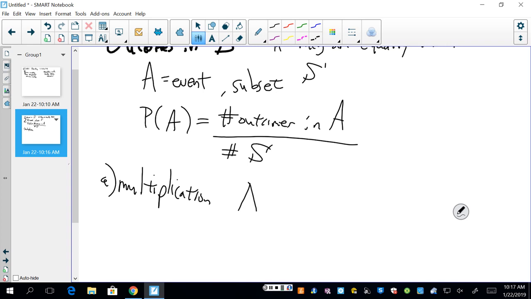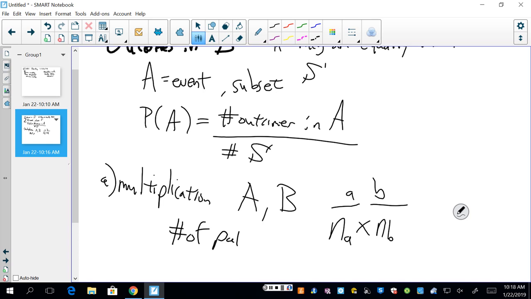We have A and B, and we're keeping track of the two outcomes, and we have n sub A choices for this first one, and we have n sub B choices for the second one, and our choices of the first one don't influence the choices of the second one, they don't restrict each other in some way. And the total number of pairs of the A and B outcomes is the multiplication.